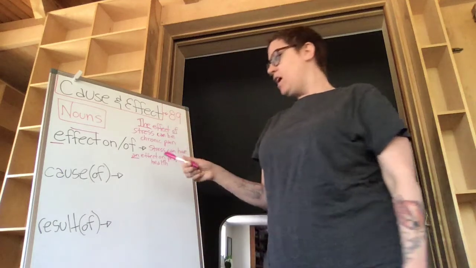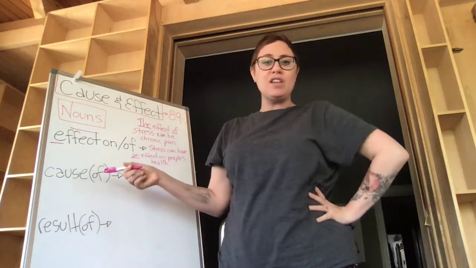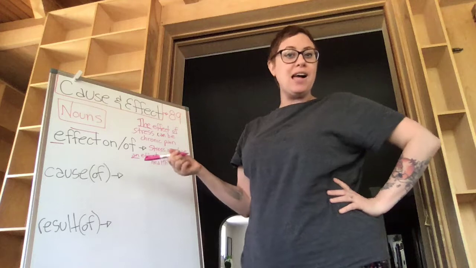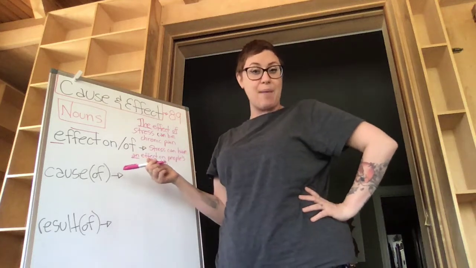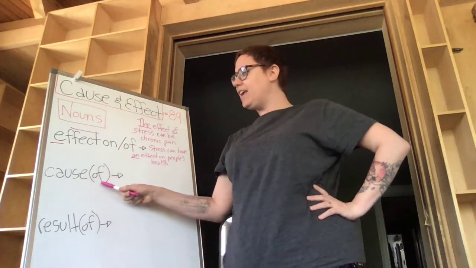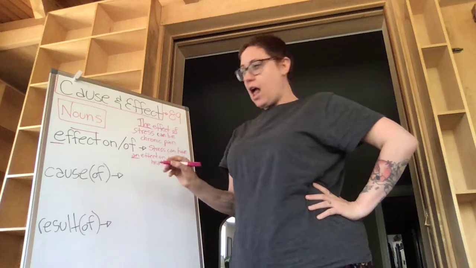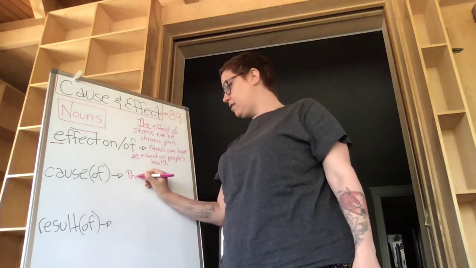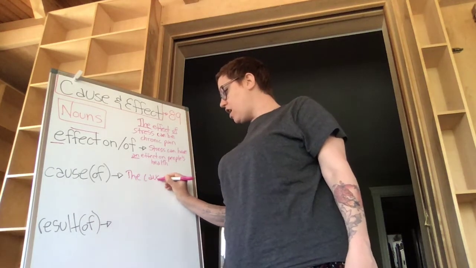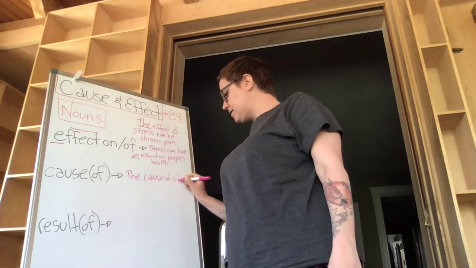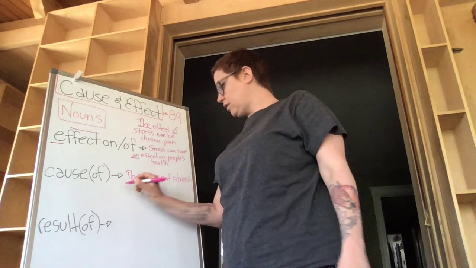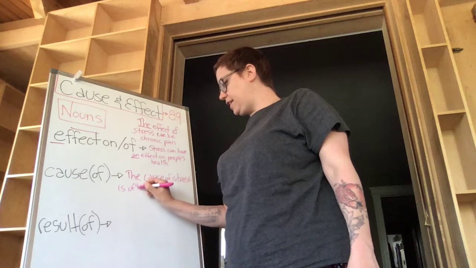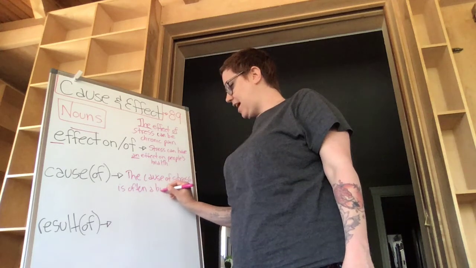Okay. So we just learned about cause as a verb. Cause can also be a noun, and it collocates with of. So we can say the cause of stress is often a busy schedule.